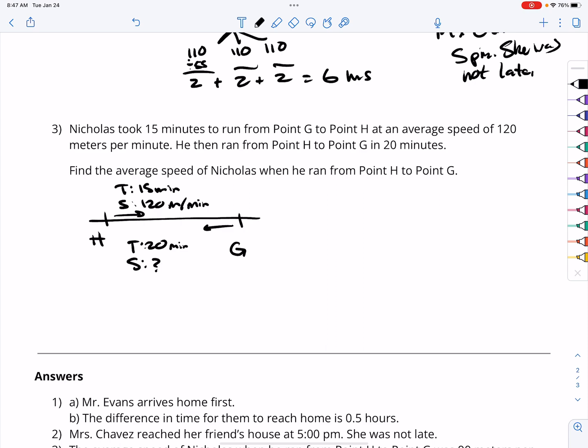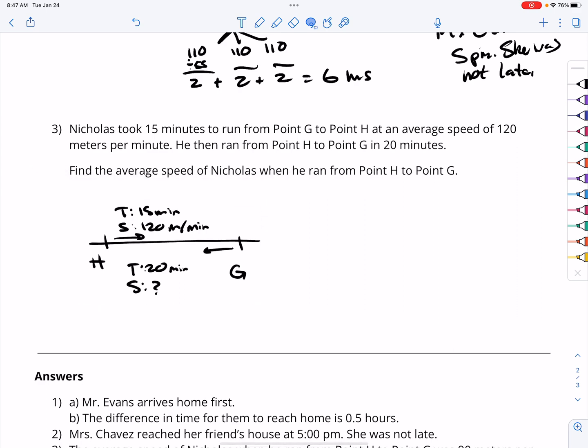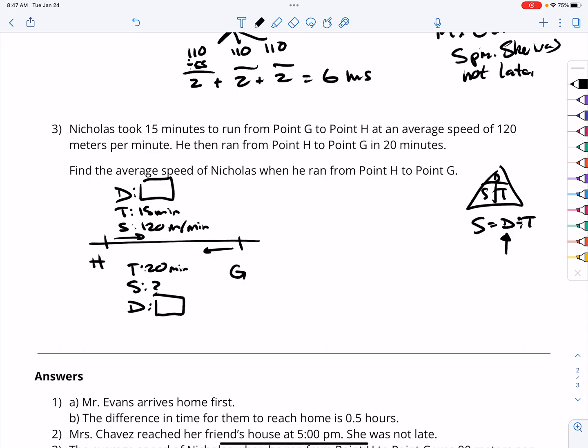We don't know the speed, and for us to calculate speed, we know from our triangle that's going to be distance divided by time. We need to know distance, and we don't have that piece here. But whatever our distance is from H to G is going to be the same as our distance from G to H. So pause the video and see, can you calculate the distance from H to G? Yeah, pause and do that first.